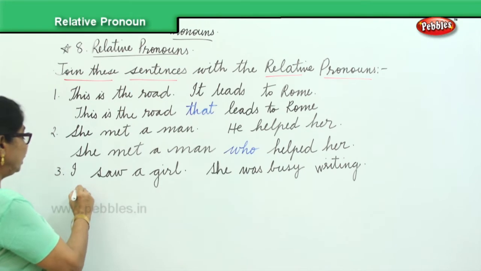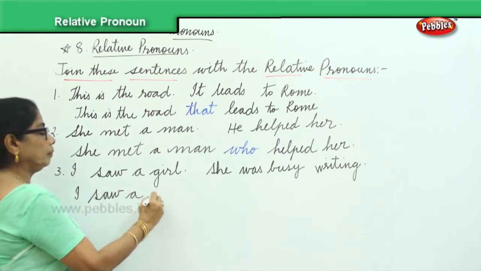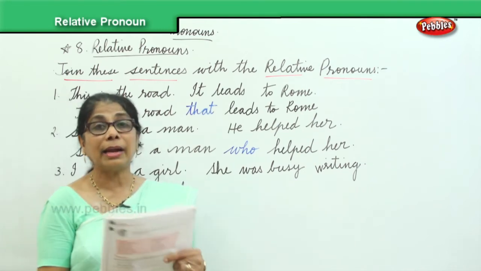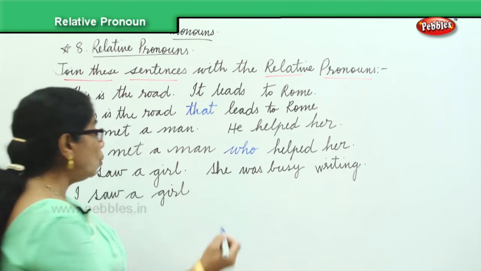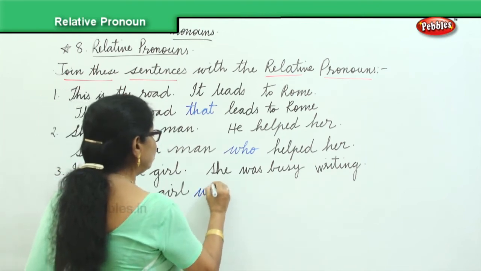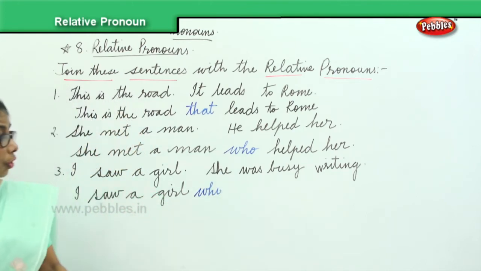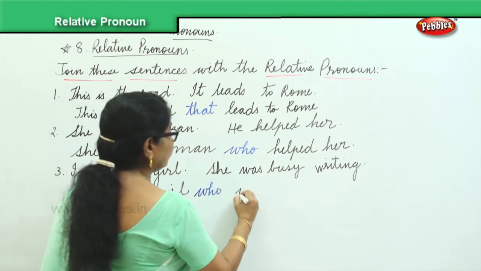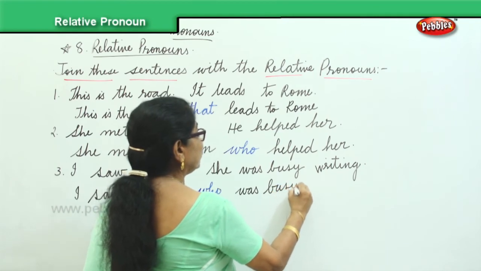So how will you join it? I saw a girl. Fill in, give me the relative pronoun. I saw a girl who was busy writing.